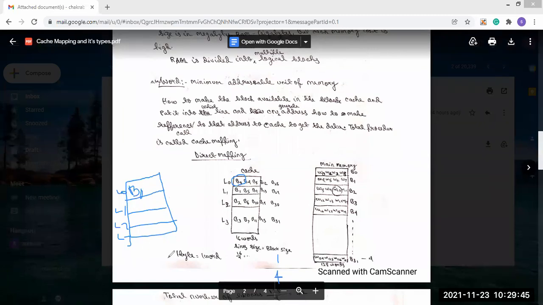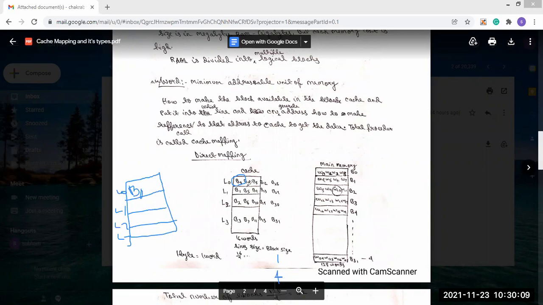But this is the problem of direct mapping: even though they are empty, we cannot accommodate it, because B4 is directly specified to go only to line number 0. But line number 0 already has a block there.